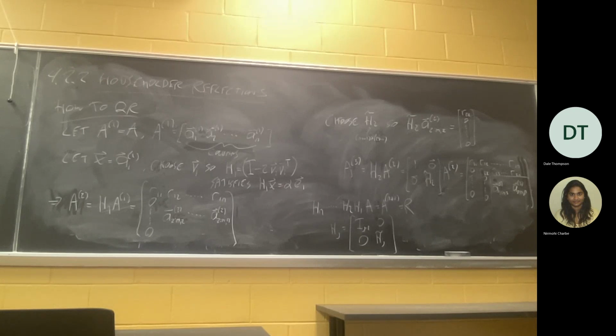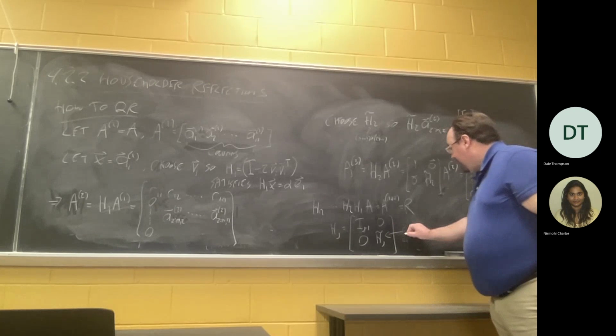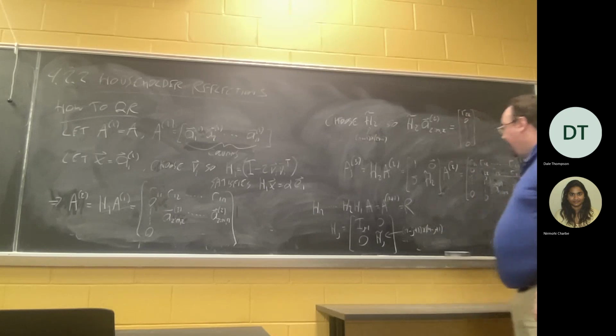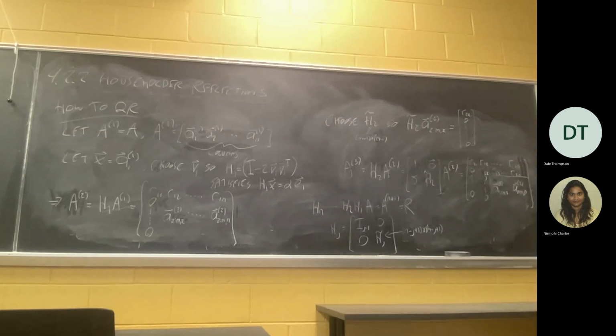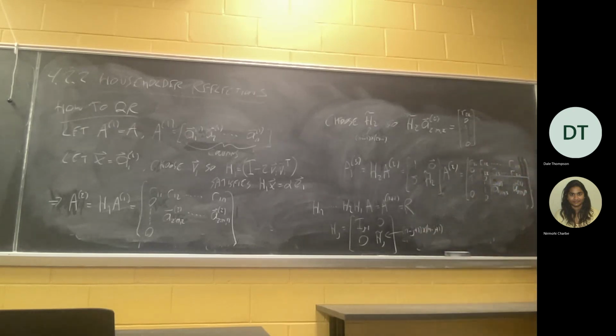So each one of these is (m minus j plus 1) by (m minus j plus 1), because it's working on row j down to row m, down to the bottom.